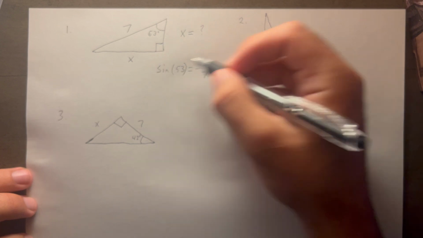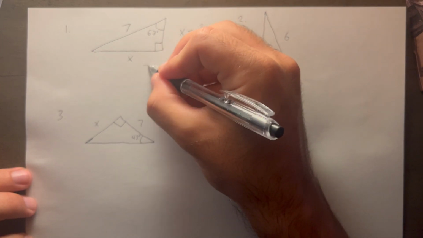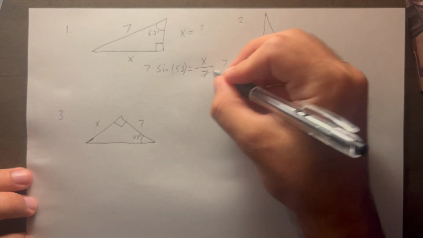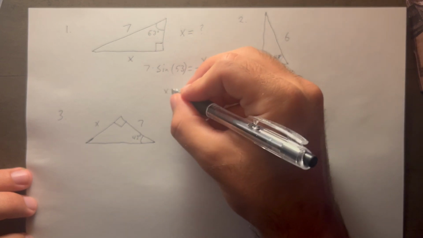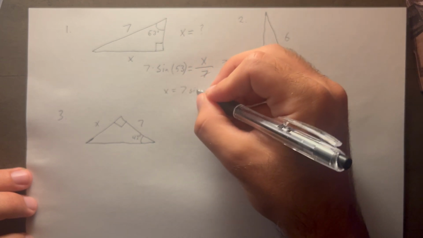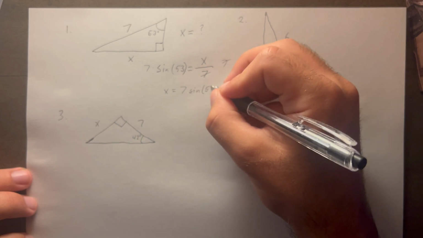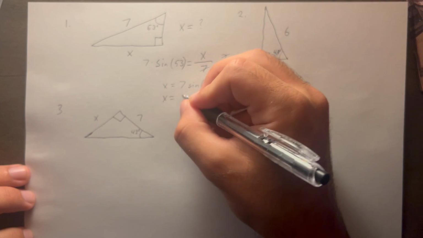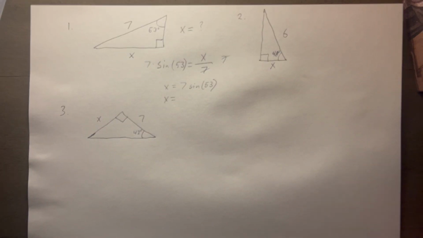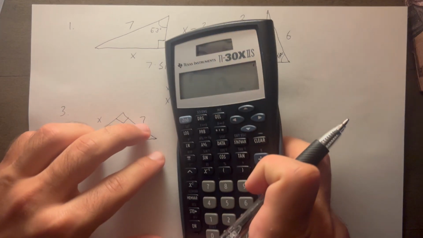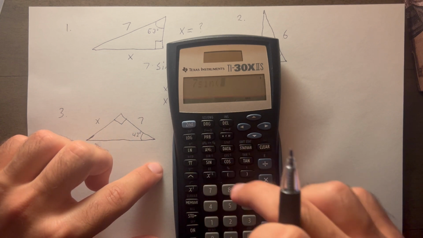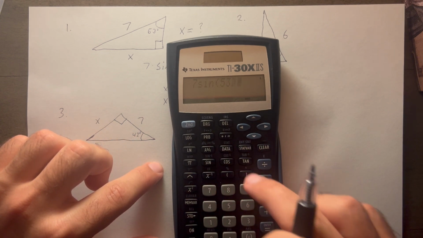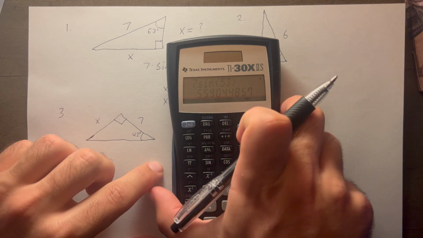Just multiply 7 to the other side. So now we've got x equals 7 sine 53. Now do that on your calculator and you should get 5.59.